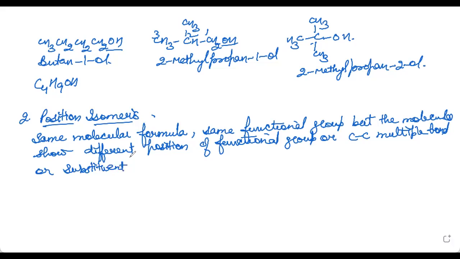So write this complete definition or the complete statement for position isomerism. The molecules having the same molecular formula, same functional group, and all this. You can complete it now.